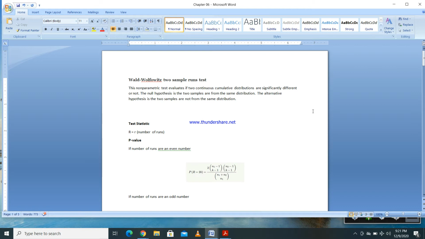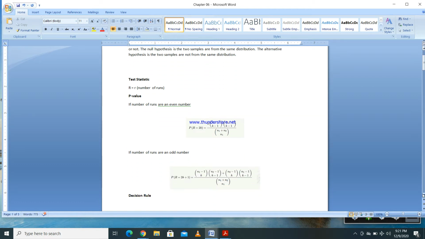To calculate the p-value, you have to check whether your number of runs is even or odd, right? If your number of runs is even, you can use this equation to calculate, or if your number of runs is odd, you can use this equation to calculate the p-value, right?